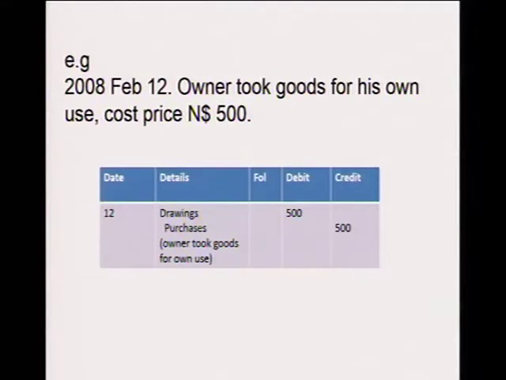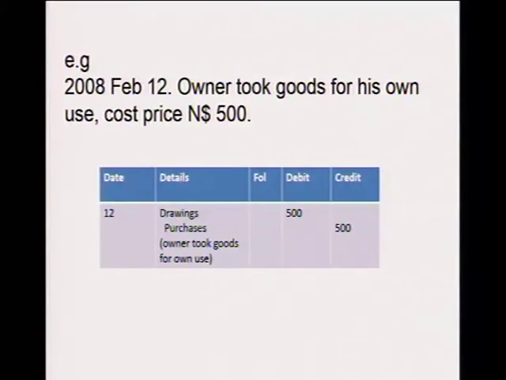Now, if we look at an example of transactions that are likely to occur in the general journal, for example in 2008, that is February the 12th, the owner took goods for his own use. When you read the transaction, it's very important to identify the two accounts. That is drawings, and then we have purchases.